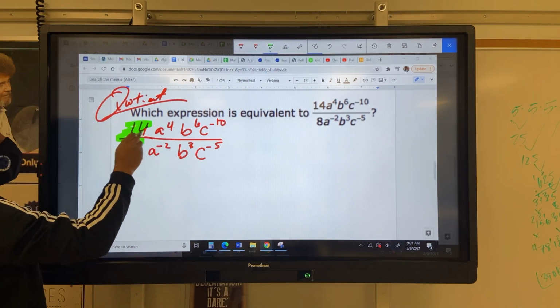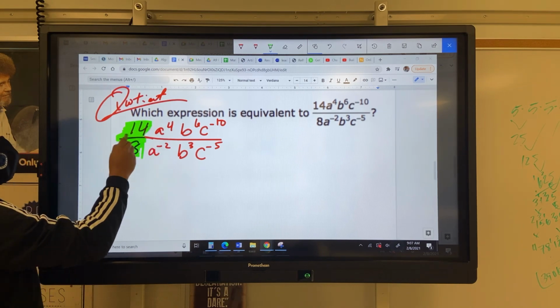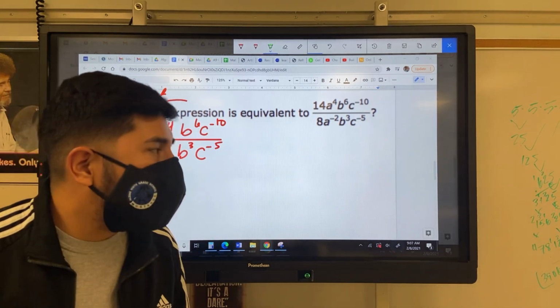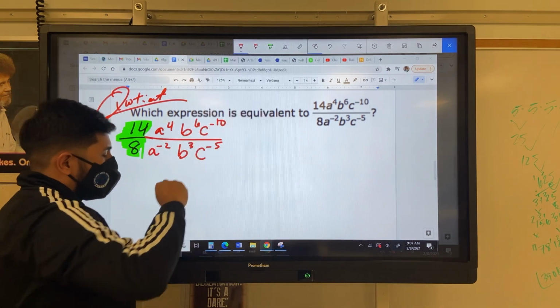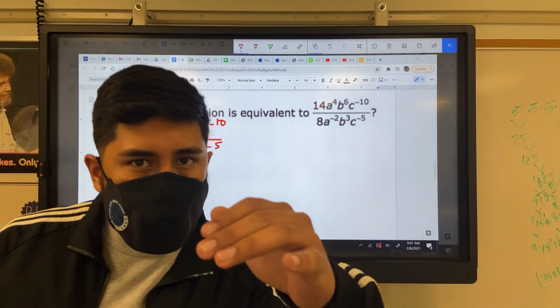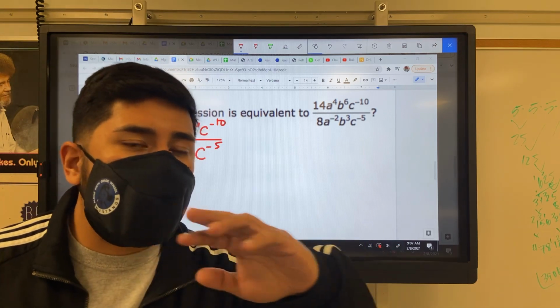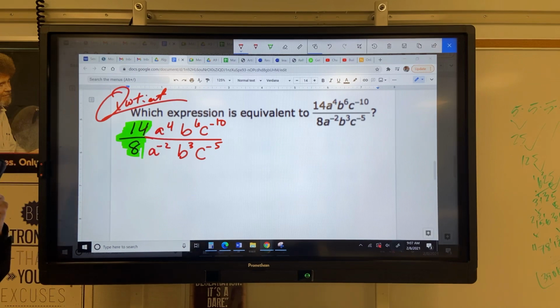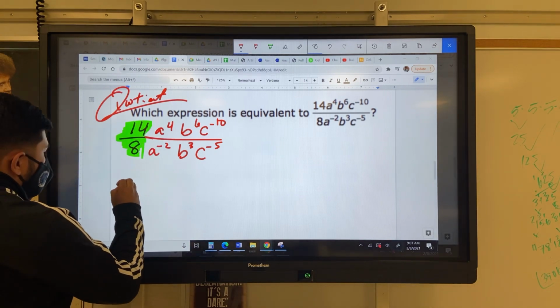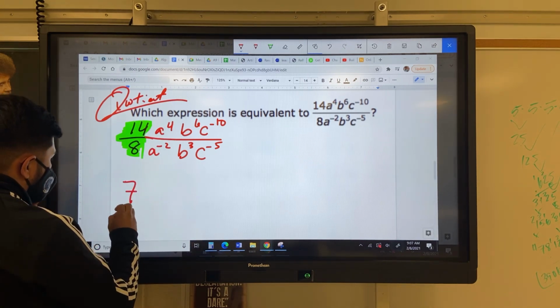What do I do with the coefficients? Go back up to the top. What does it say for quotient rule? We must reduce or divide. Like I said, go to a NumWorks calculator, make your life a whole lot easier. Put the fraction, 14 over 8 reduces to 7 over 4.